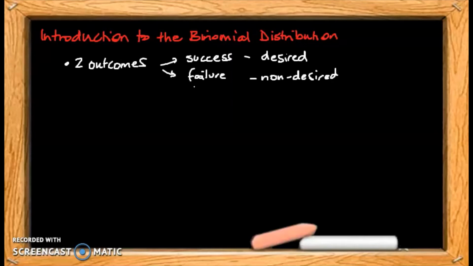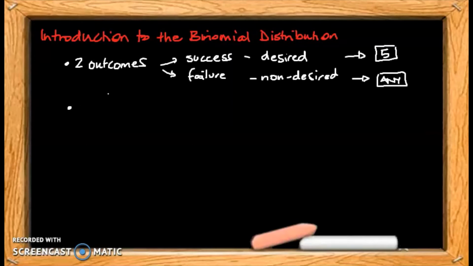An example of that might be if I'm rolling a dice, I could have a desired outcome of a 5 on the dice and a non-desired outcome of anything else. That's one of the factors that must be in play.